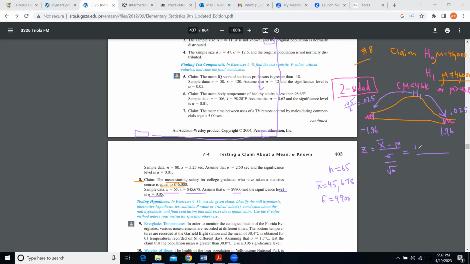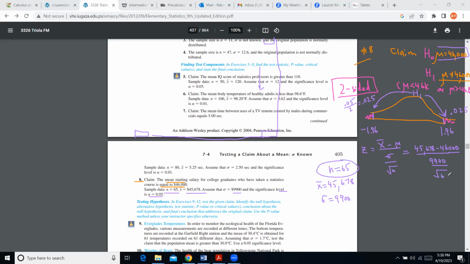So let's get those. What is the population mean, mu, that I have to subtract from this 45,678? Remember? It's always here in the hypothesis. So we subtract 46,000, and then we divide by the 9,900 standard deviation placed over the square root of the sample size, which was 65.